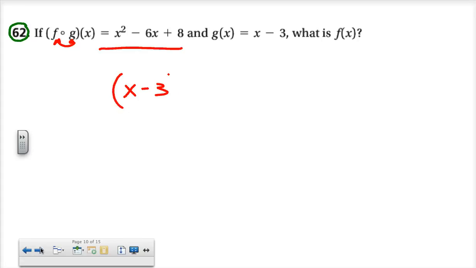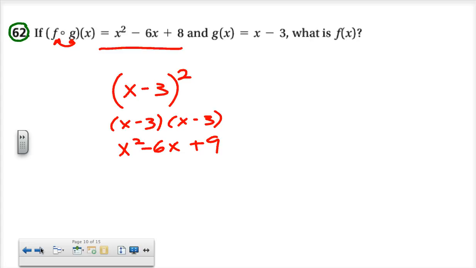So what that means is they squared that x minus 3 and then they did something to it to get x squared minus 6x plus 8. Now how do I know that? Because x minus 3 times x minus 3 is x squared minus 6x plus 9. So you sit and think, how did they get that 8 to be an 8? Well, they subtracted 1.